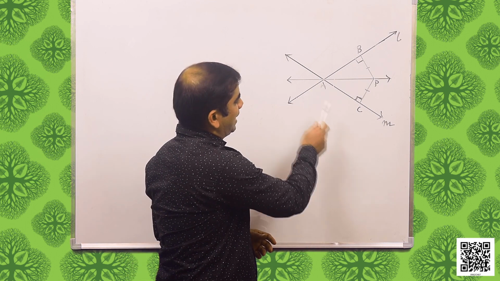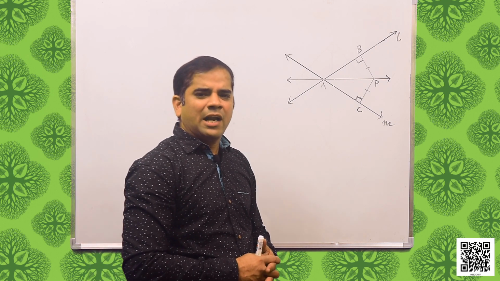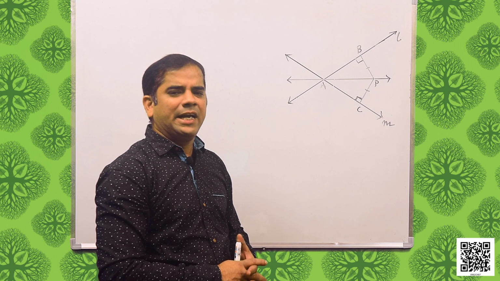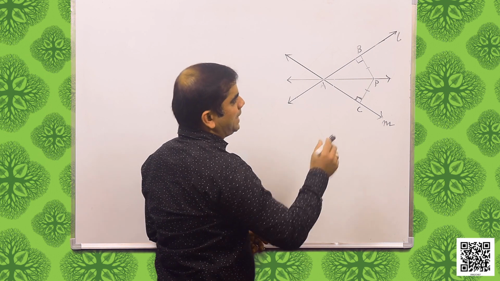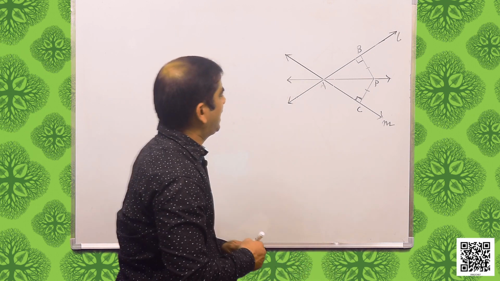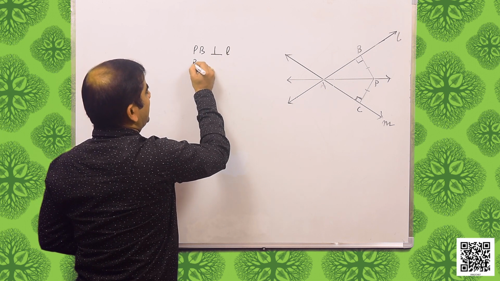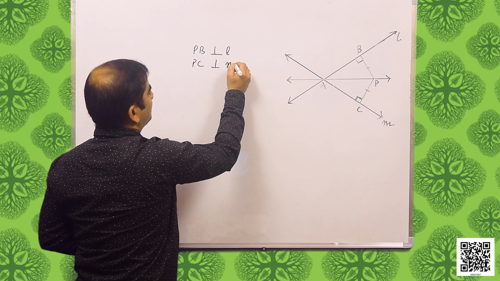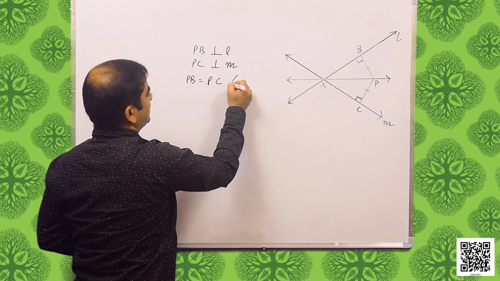Line L and M are intersecting at point A. Now let PB be perpendicular to L, and PC perpendicular to M. And it is given that PB is equal to PC.